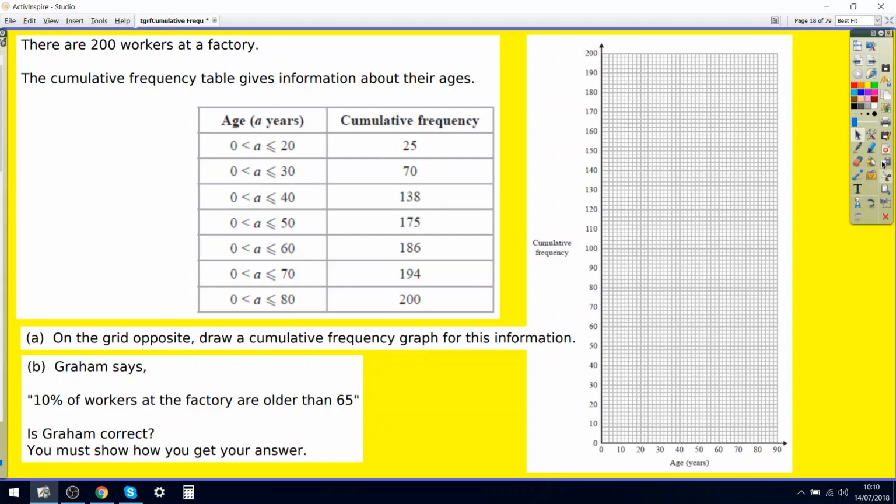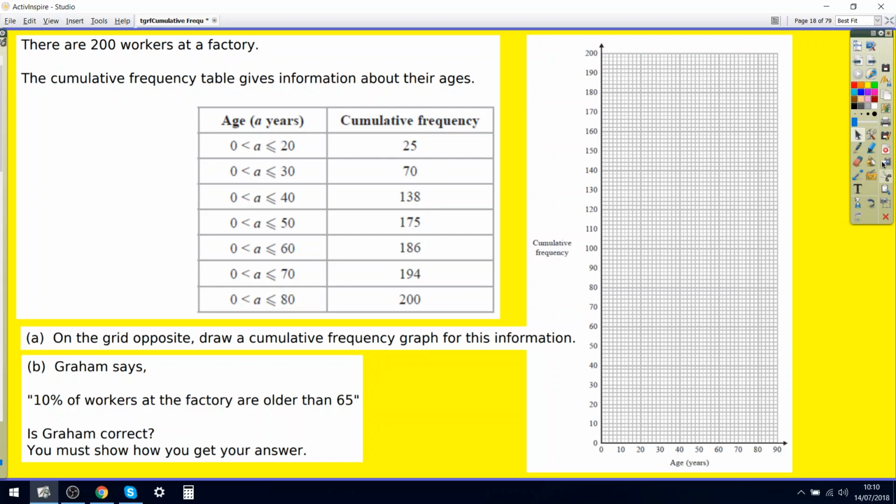So for age, would you put a dot on 20, right? And then go up 25? Yeah. Go on.